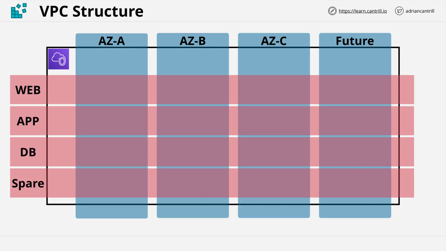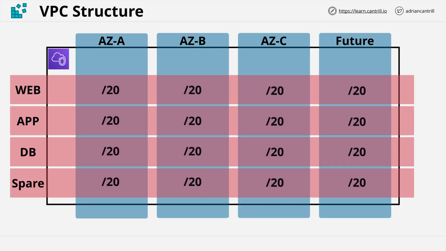So each tier has its own subnet in each availability zone. 4 web subnets, 4 app subnets, 4 database subnets, and 4 spares, for a total of 16 subnets. So if we chose a /16 for the VPC, that would mean that each of the 16 subnets would need to fit into that /16. So a /16 VPC split into 16 subnets results in 16 smaller network ranges, each of which is a /20.